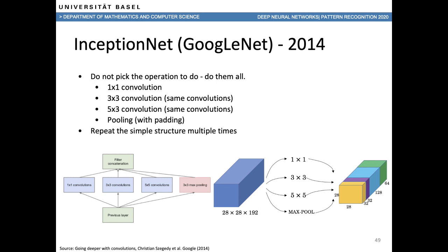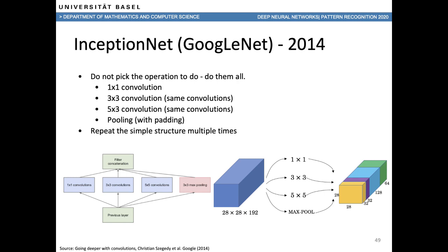So the idea is that somewhere in the network we'll have this image volume, where in this case the image is all the way down to 28 times 28, and then we have these 192 feature maps.